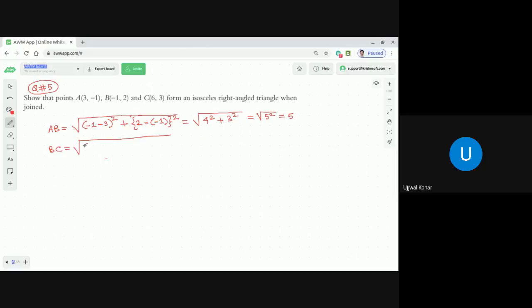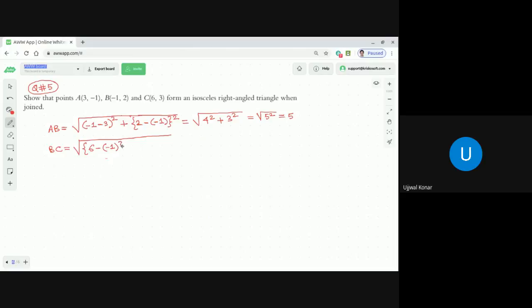So 6 minus 1, correct, dear students? X coordinate of the point C, that is 6, minus x coordinate of the point B, that is minus 1.